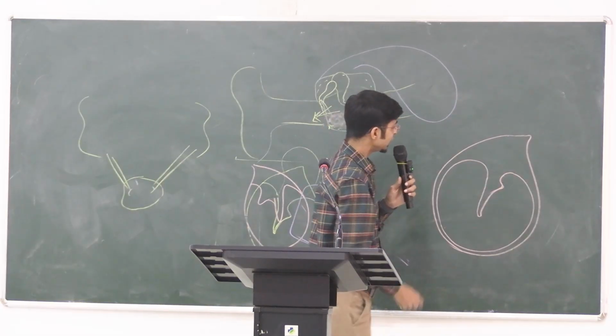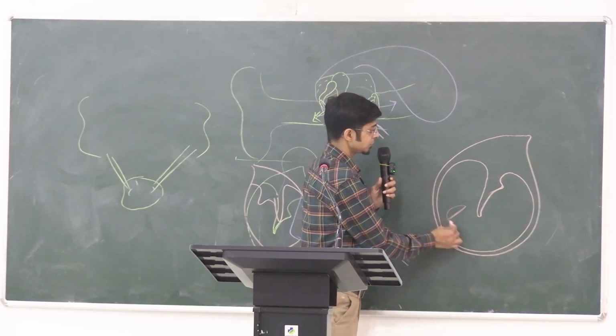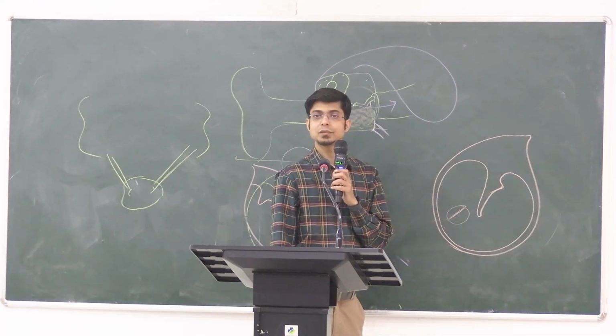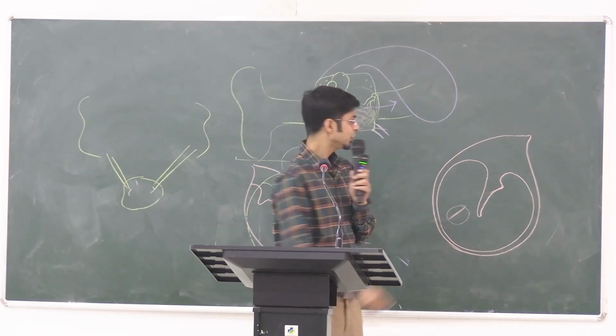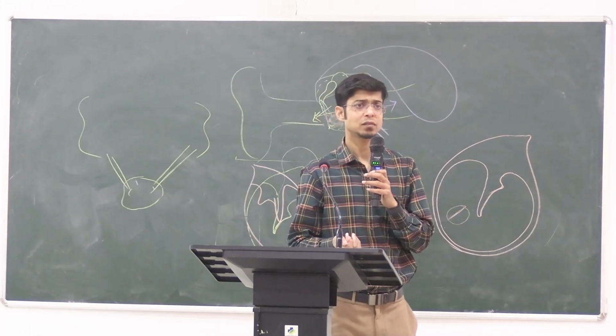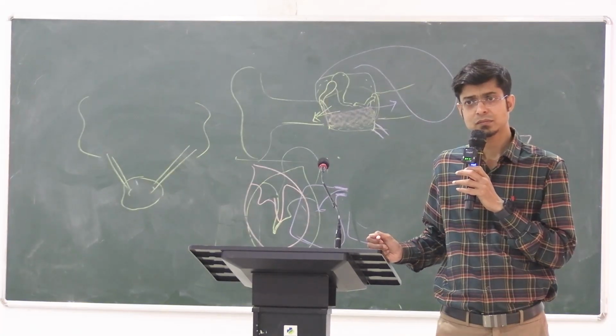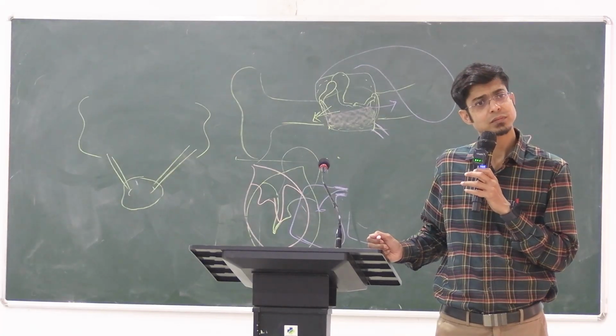So say if we put a nick over here and there is a perforation, what will happen? The oval window is directly behind. The phase difference will be lost and there will be more hearing problems. You understand?